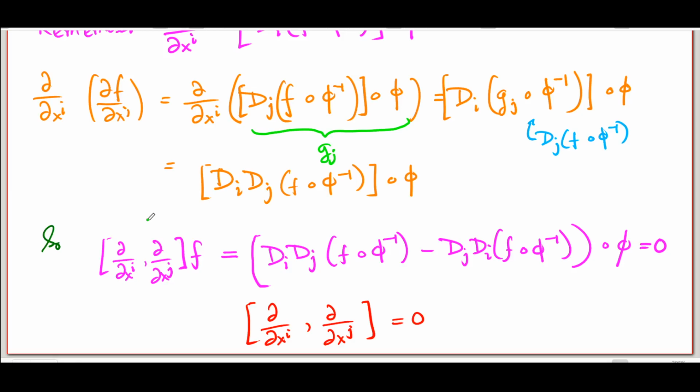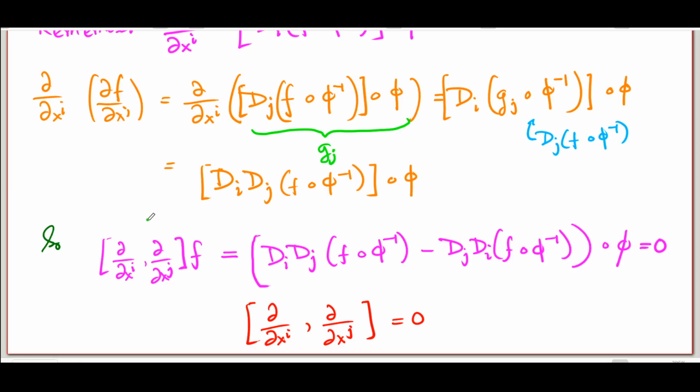And therefore, this difference is 0. And since this works for all smooth functions f, we end up with this result about the Lie brackets of the coordinate basis vector fields del xi and del xj, which have a Lie bracket that is strictly 0.